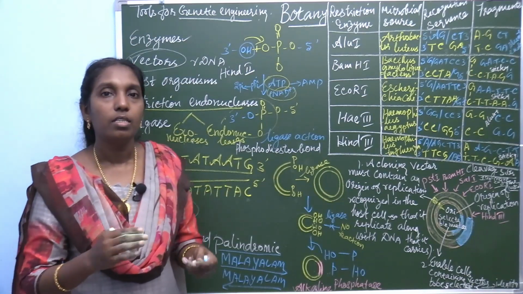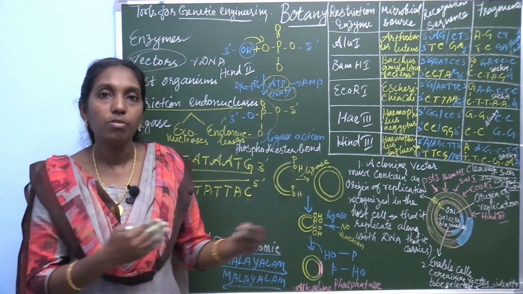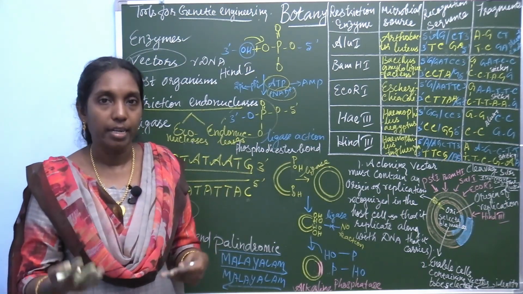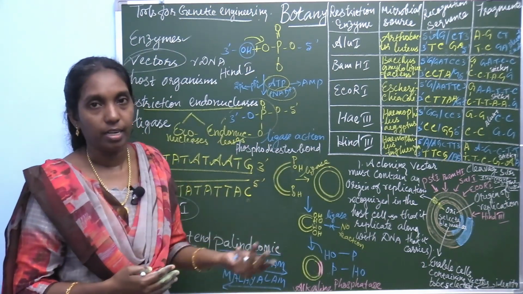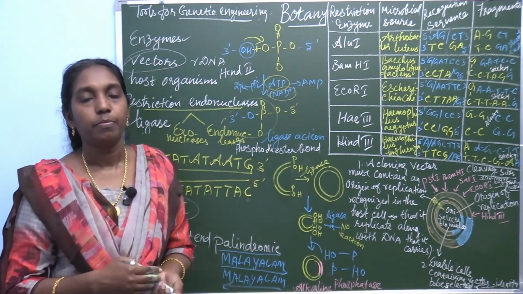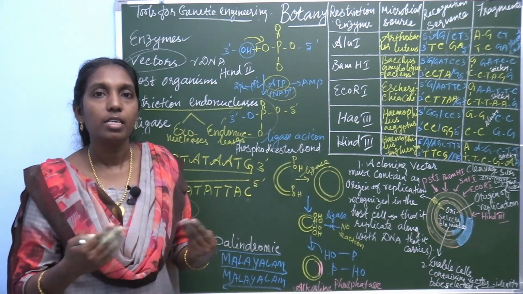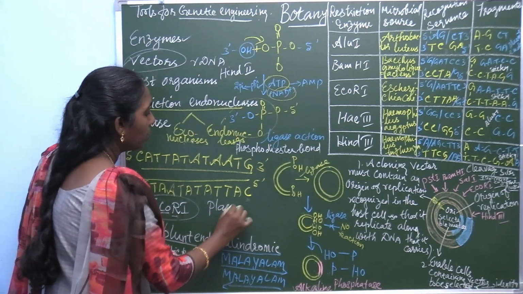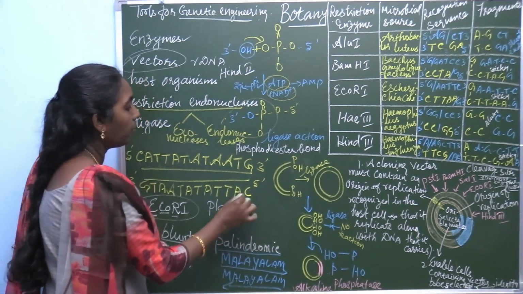Second question, the other major component involved in this rDNA technology or recombinant DNA technology or genetic engineering is vectors. What are vectors? These are nothing but a plasmid. What is this plasmid?